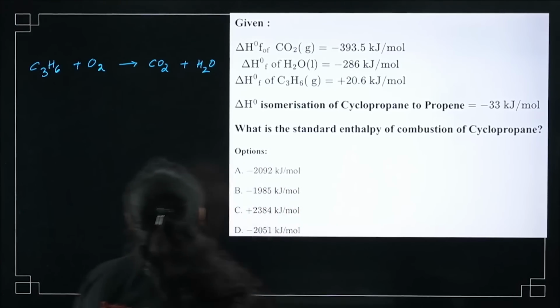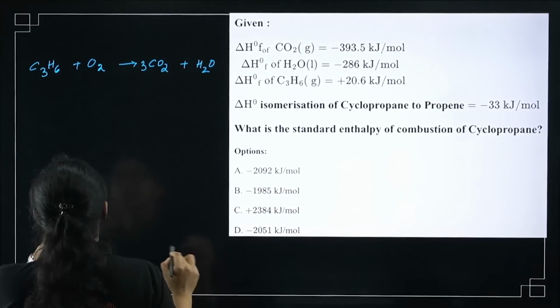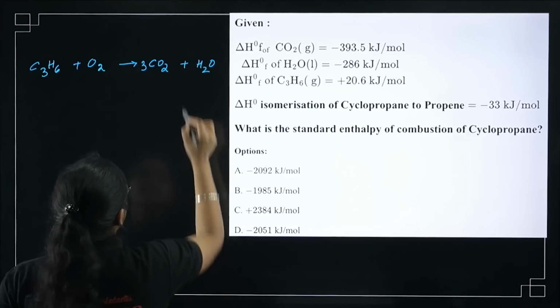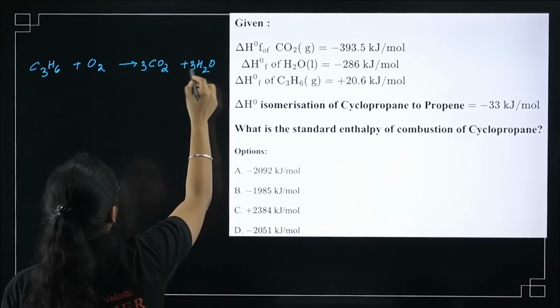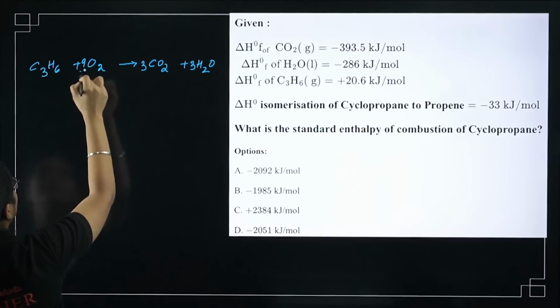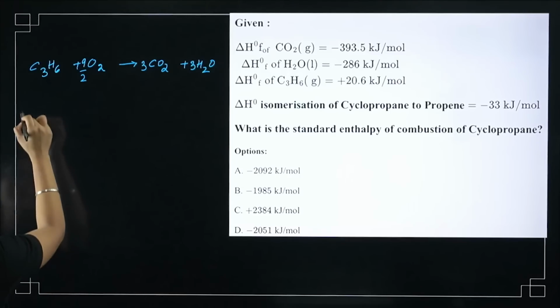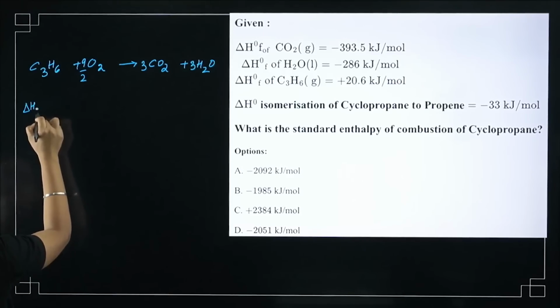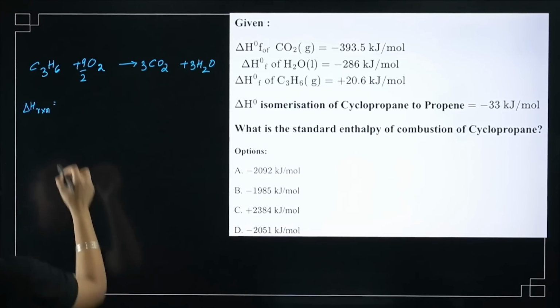Now how to balance this? I have 3 C and 6 hydrogen, so 3 plus 3 is 6, 6 plus 3 is 9, so I can have 9/2 oxygen. Now it is balanced. The delta H of this reaction will be equal to enthalpy of products minus enthalpy of reactants.